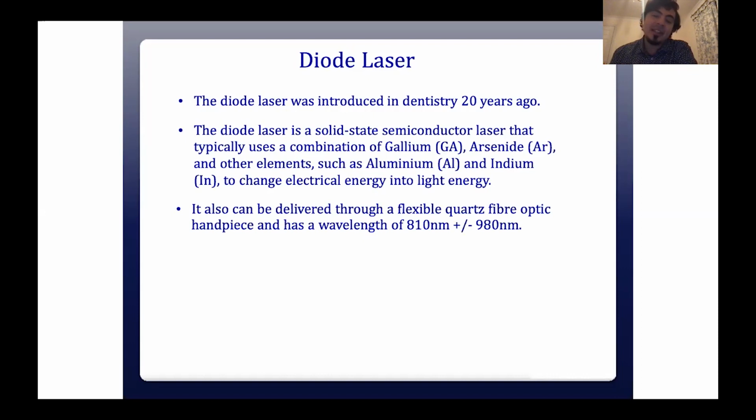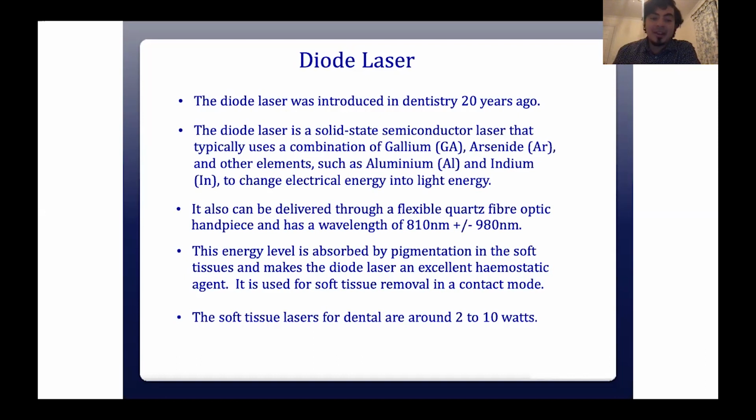And this is really one of the key points, because that allows that to be delivered through a fiber optic cable of a particular wavelength, which also allows this particular energy to be used against the soft tissues to get all sorts of effects that we need, which is the hemostasis effects, the ablation or cutting effects, or the removal effects in contact mode.